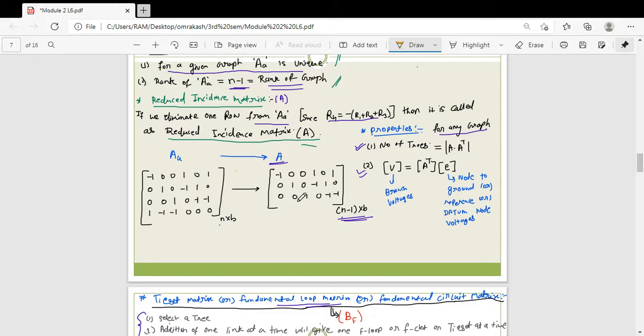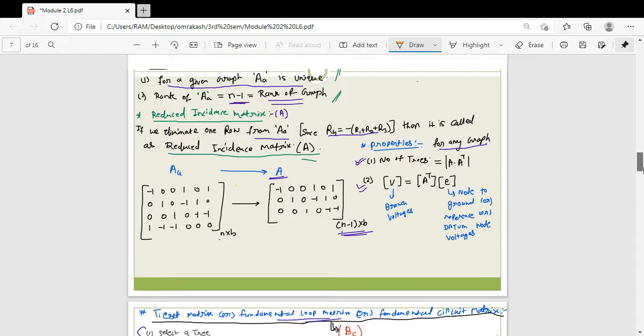If you have this A, simply multiply it with A transpose and take the determinant of that, and you get the number of trees. In the same way, you can also calculate the voltage equation. Whatever we calculate right now, you can also find for the voltage. So V is nothing but A transpose into E. E is nothing but the node voltage, the node to ground voltage, or reference voltage, or datum node voltage. All are the same.